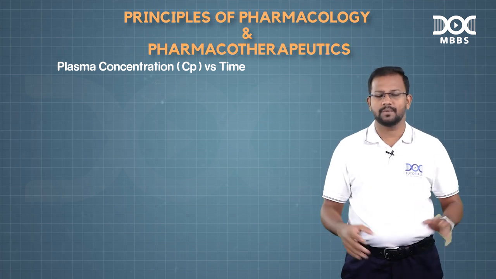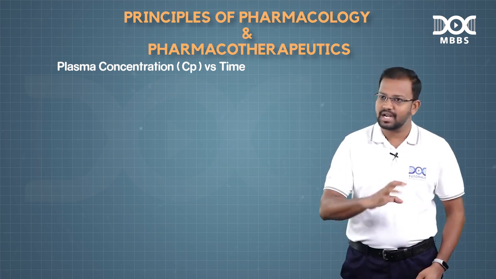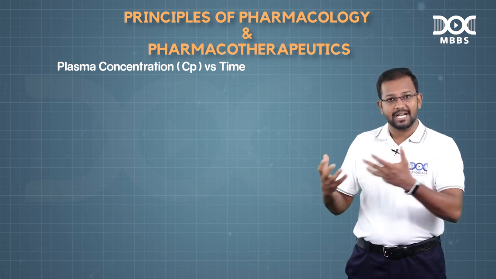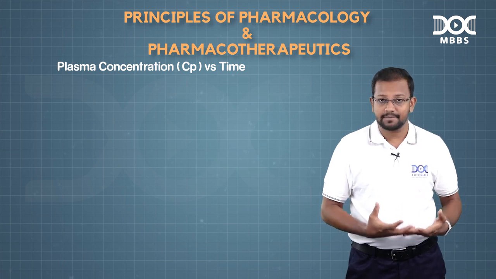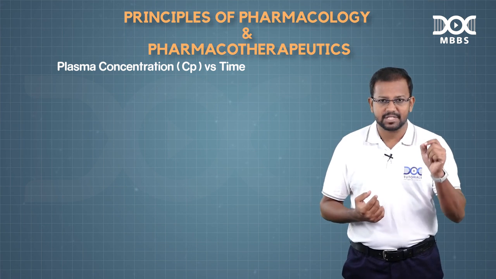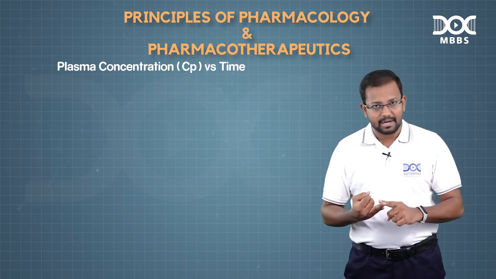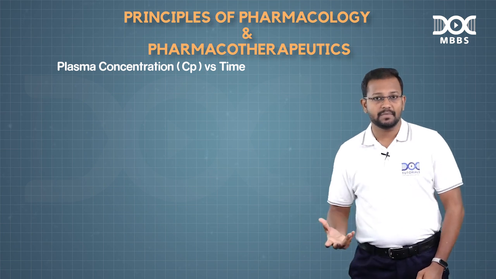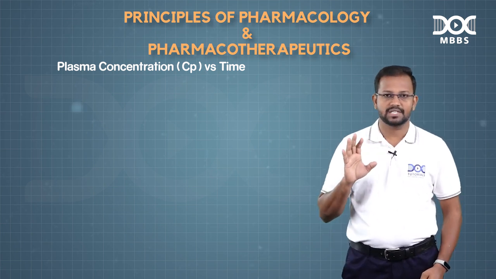Based on individual pharmacokinetic features, we withdraw the blood and send it for biochemical analysis. They send the reports back to us, and these reports say the 5th minute blood sample contained this much milligram of drug, the 10th minute sample contained this much in the plasma, and the 15th minute contained this much in the plasma.